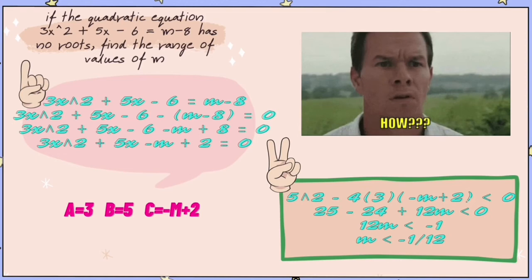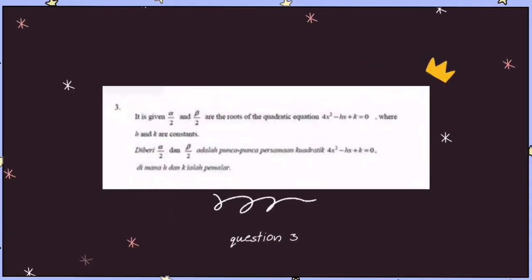And we will get 5 squared minus 4 bracket 3 bracket 2 minus m less than 0. We now can simplify the equation, and we will get 25 minus 24 plus 12m less than 0. From here, we can get the answer, which is m is less than negative 1 over 12.